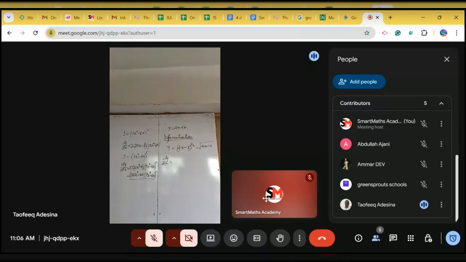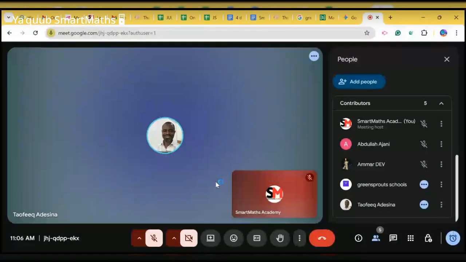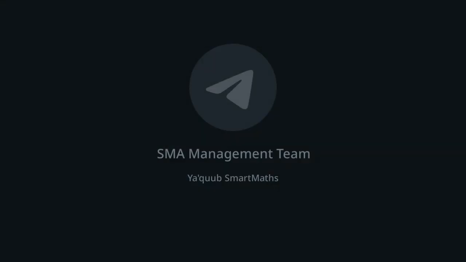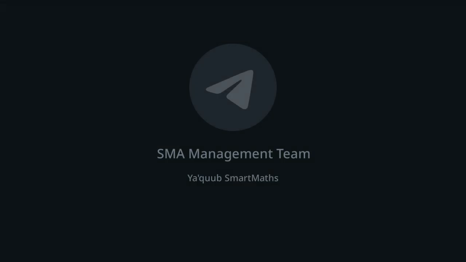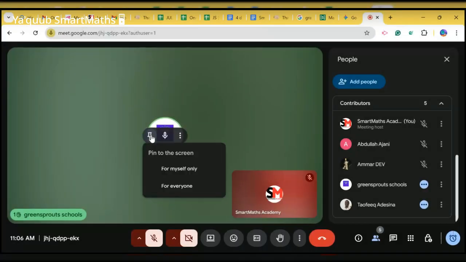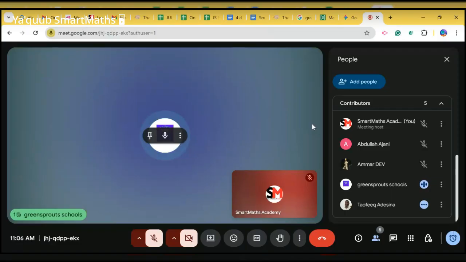Okay, Green Sprout wants to try. Tell us first. Okay, so I'm going to do one over two, in brackets, divide this first one over two, in brackets, 4x minus 3 raised to power minus 1 over 2.